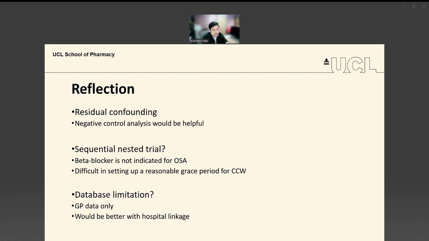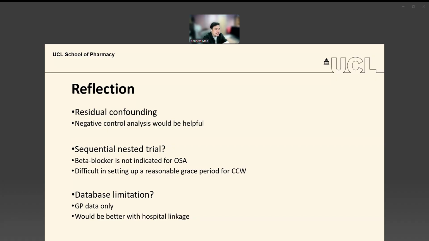But sometimes you're still limited by what was measured and the approaches that you're going to apply. In some sense, negative controls may be useful in assessing the impact of residual confounding. So potentially you may also want to plan a negative control analysis, even if you're applying a clone-censor approach.